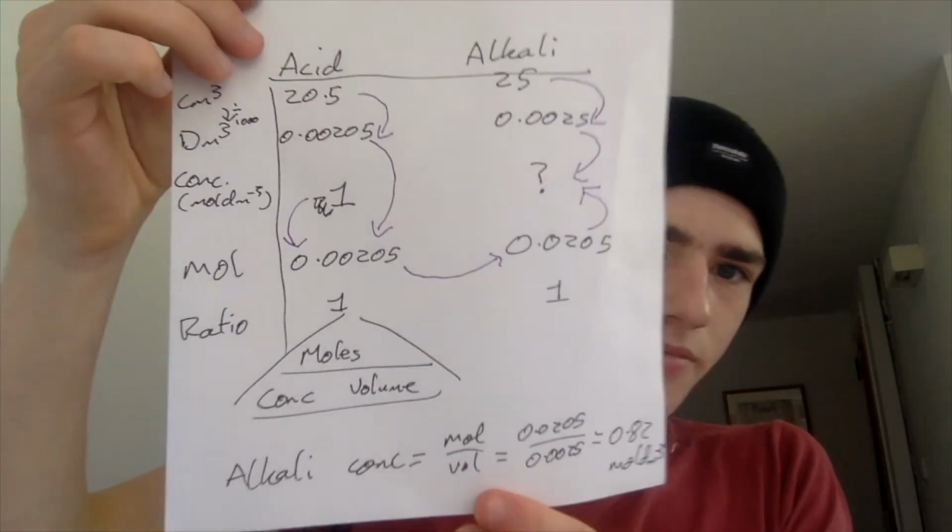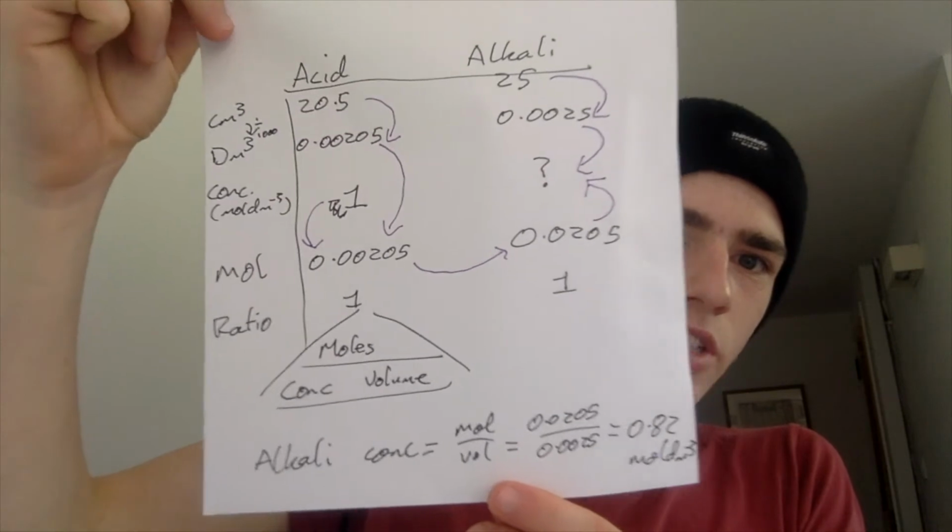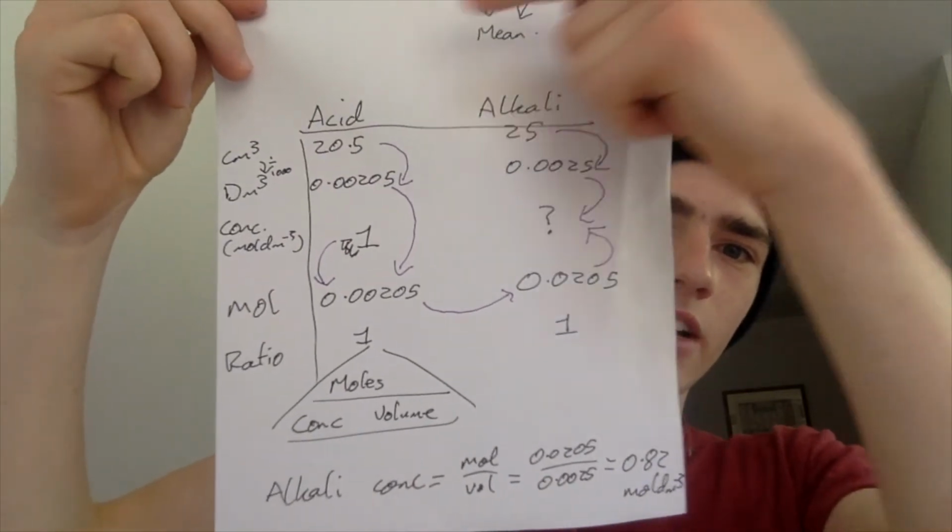Titration calculations are basically one big extrapolation of data extraction. And what helps you to do this is put it into another table, another big table. Here's one I did earlier. As you can see, you've got the acid and the alkali.